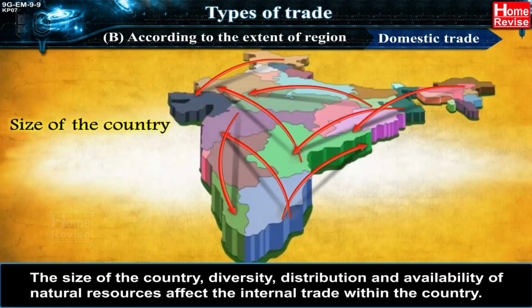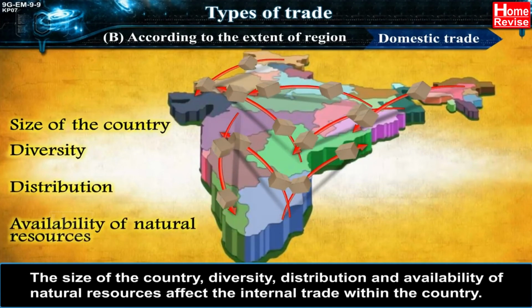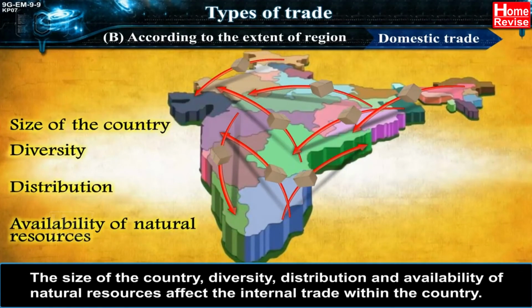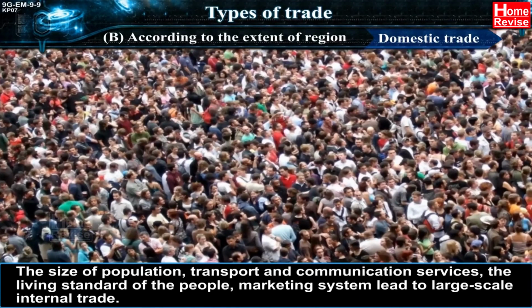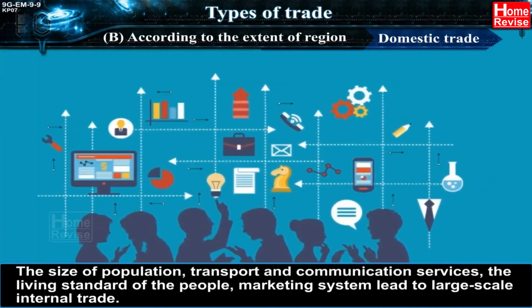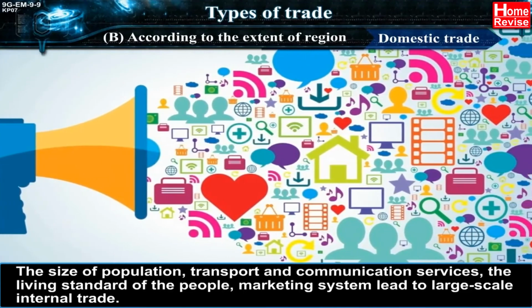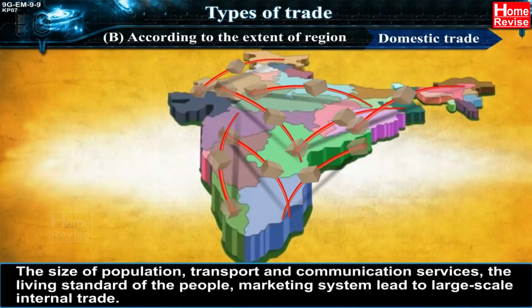The size of the country, diversity, distribution, and availability of natural resources affect the internal trade within the country. The size of population, transport and communication services, the living standard of the people, and marketing system lead to large-scale internal trade.